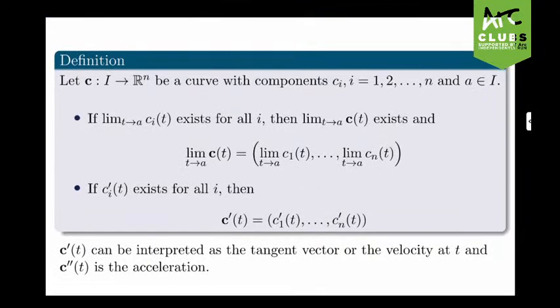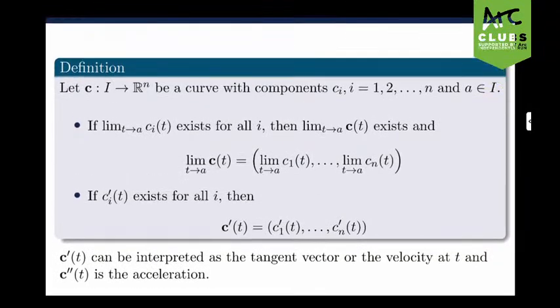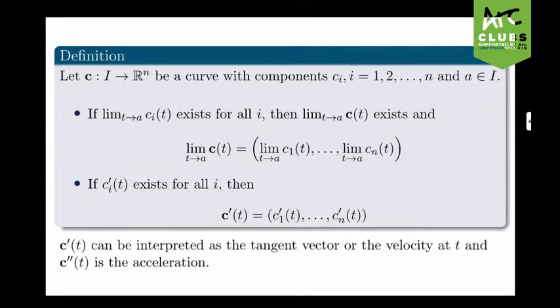So here we're saying that if we have a vector function, in this case c, which is a curve, and the limit as t approaches a exists, then what we actually say is that the limit of each of the components also exists. Okay, so some of the interpretations of this derivative.